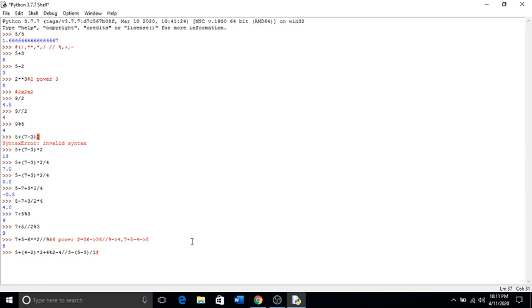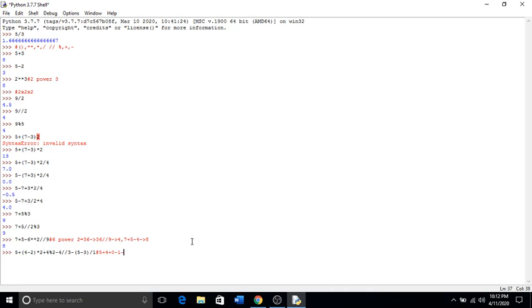While you are thinking, I'll take the comment section. This one: 5 plus 4 minus 2 into 2, then 4 mod 2. That will be no remainder, 0. Minus 4 integer division 3, so what will happen? That will be 1.